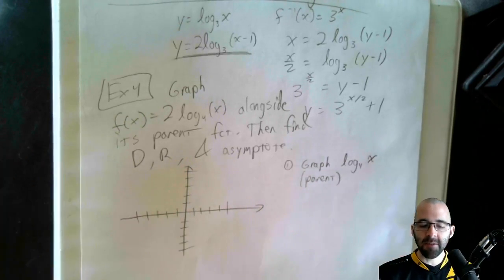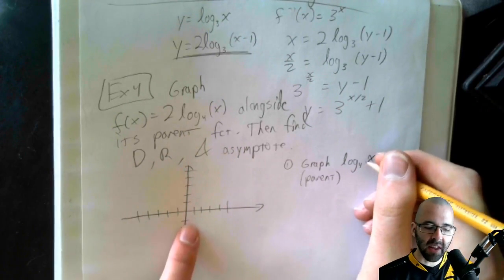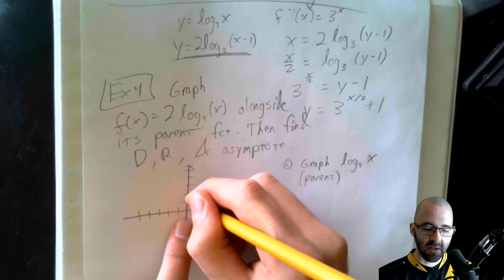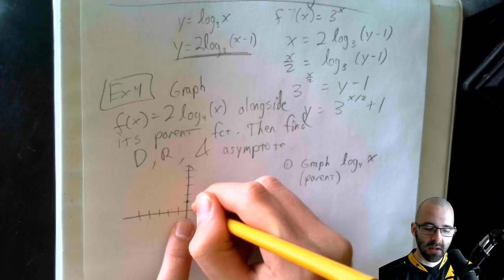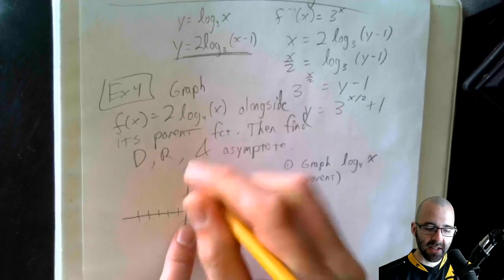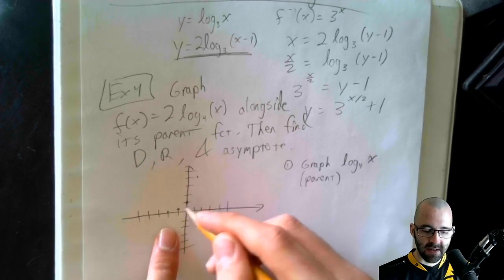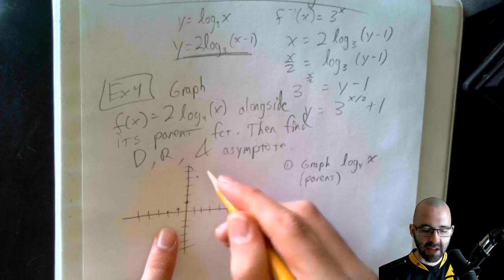We could graph its inverse function first, 4 to the x. What does 4 to the x look like? 4 to the 0 is 1. 4 to the first power is 4. 4 to the second power is 16, etc. Right? And these dots are for the exponential function.